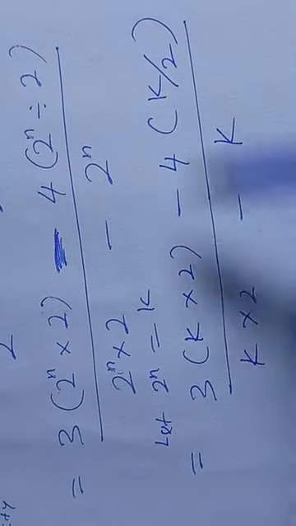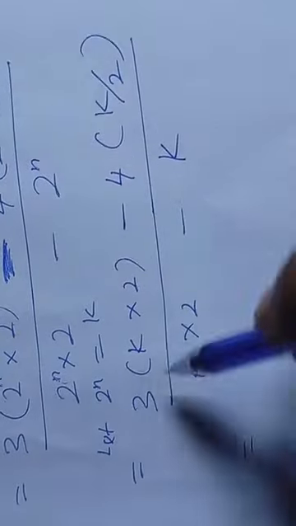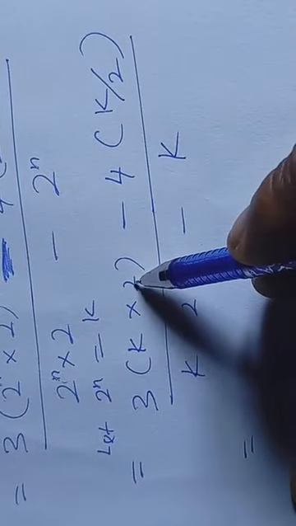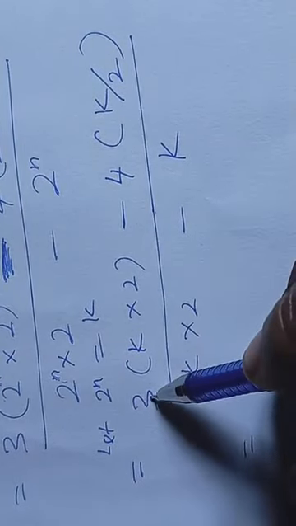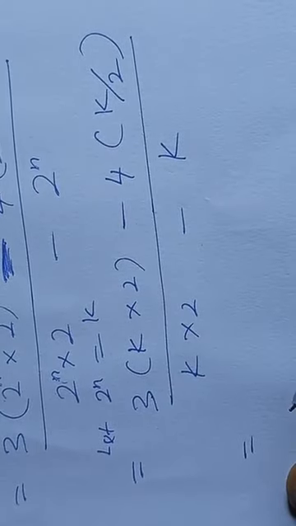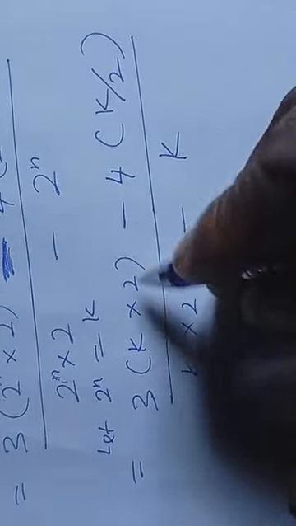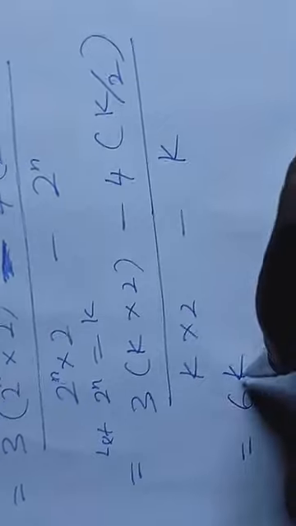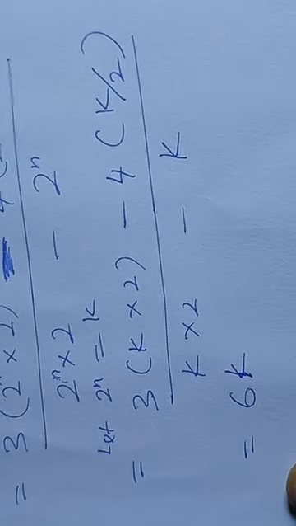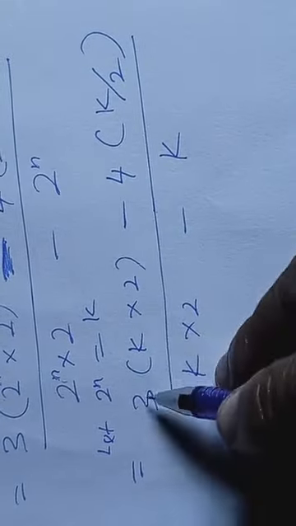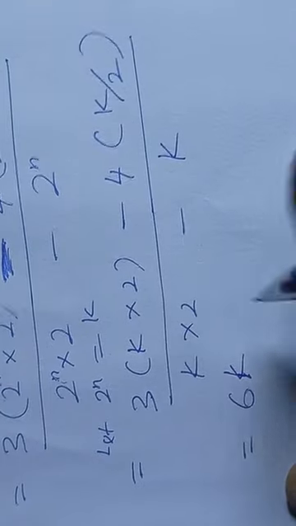Without wasting much time, in this place, by the law of algebra, this 3 can multiply this 2. So 3 times 2 will give us 6, that's 6k.